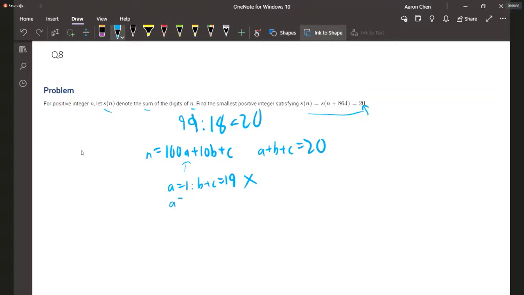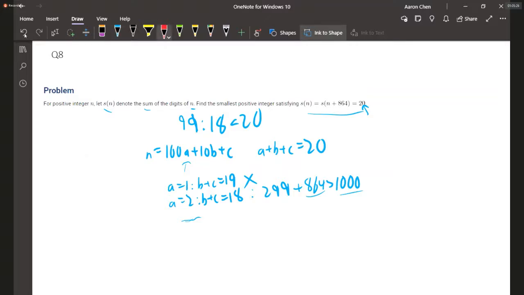And now if a is equal to 2, you have that b plus c is equal to 18. And the only way this holds true for 3-digit numbers is 299. And 299 plus 864 is greater than 1000. And if the 100th digit is any larger, adding 864 will make it larger than 1000. And so that means that the 100th digit must carry. It always will.